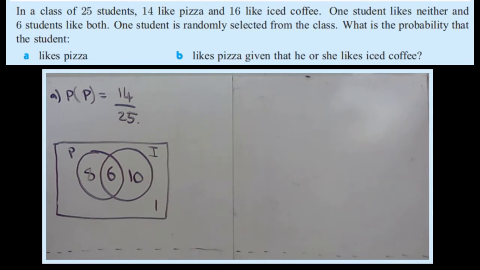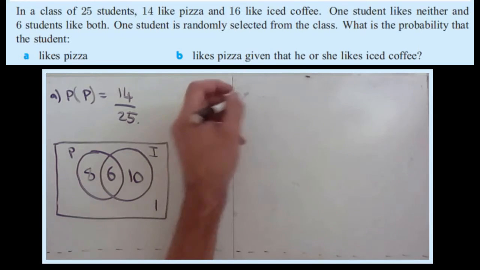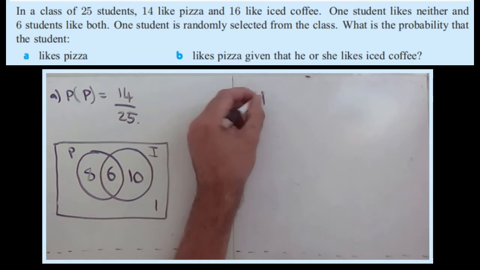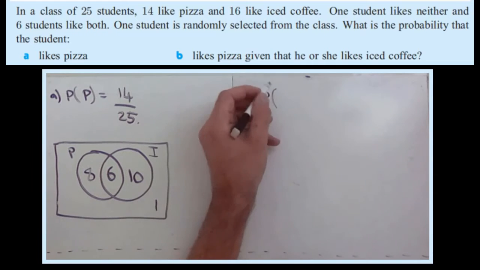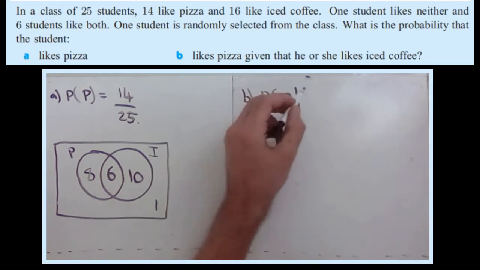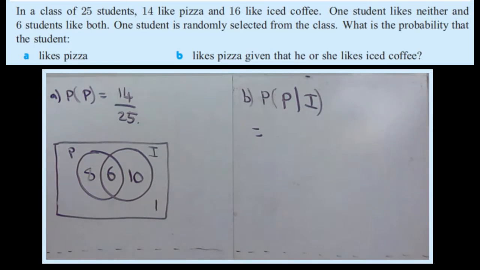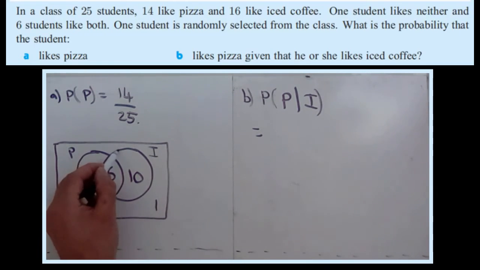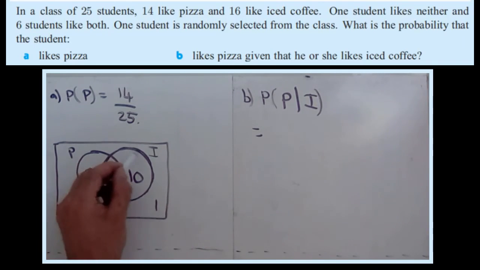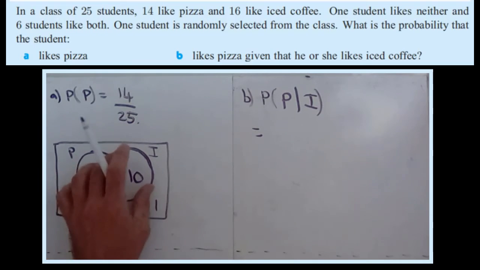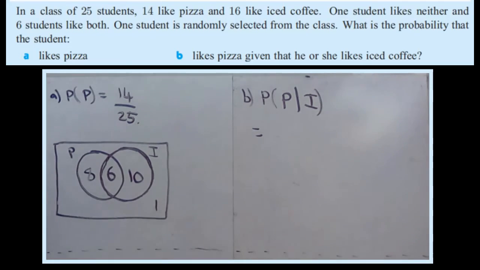So using the Venn diagram, the probability they like pizza given they like iced coffee. This is different from just saying the probability they like pizza. Because if you know they like iced coffee, then you know they've come from here. Wherever you selected randomly, you know it was one of these 16 because they like iced coffee.